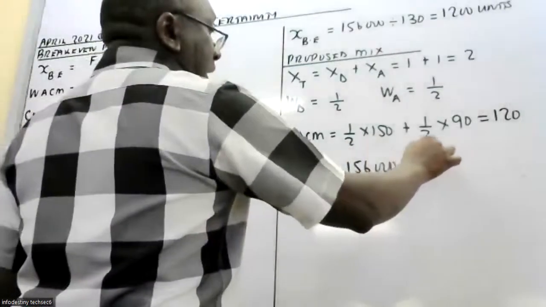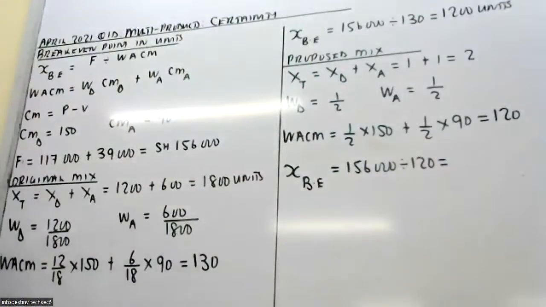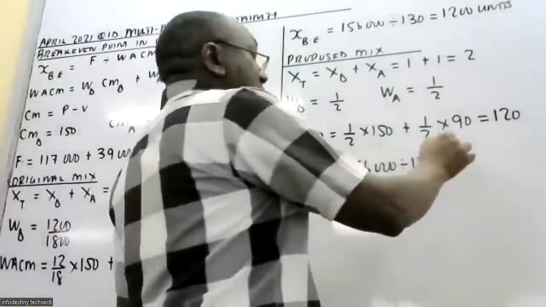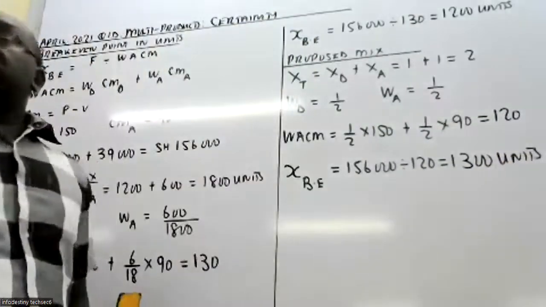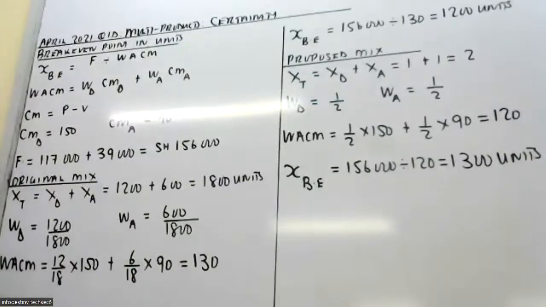You divide by 120. That gives 1,300 units. Haya.